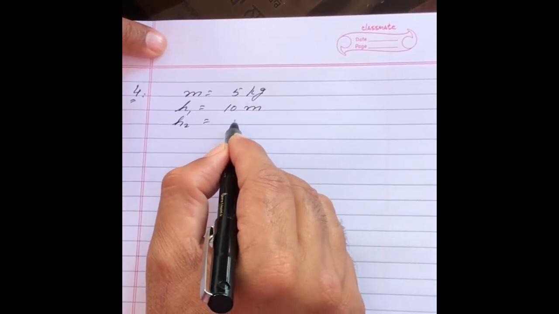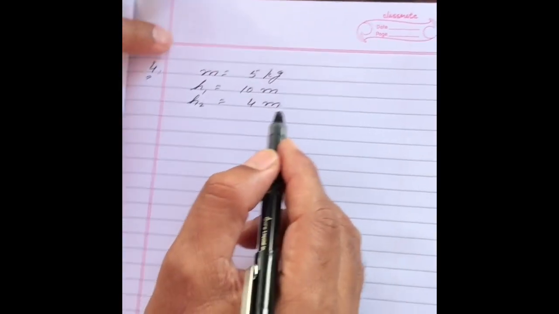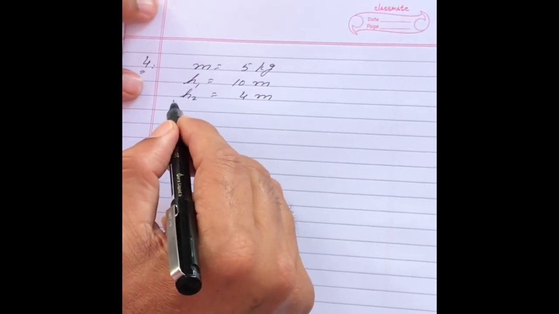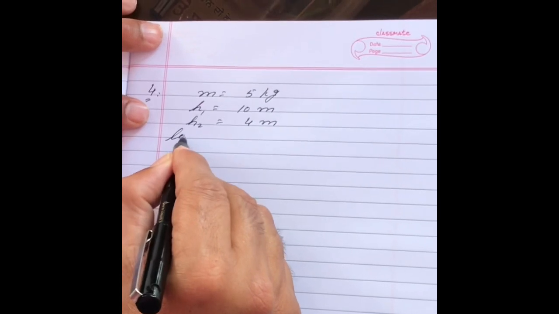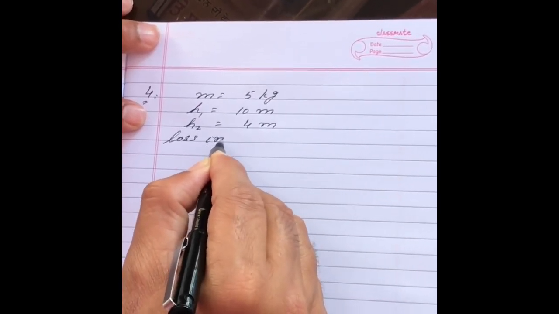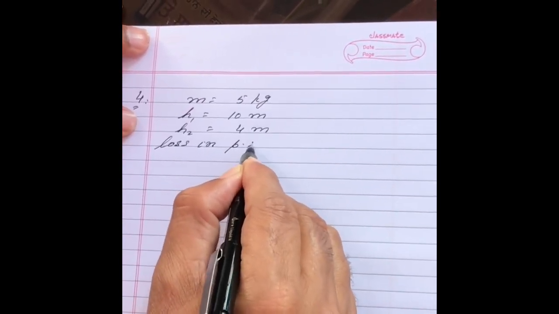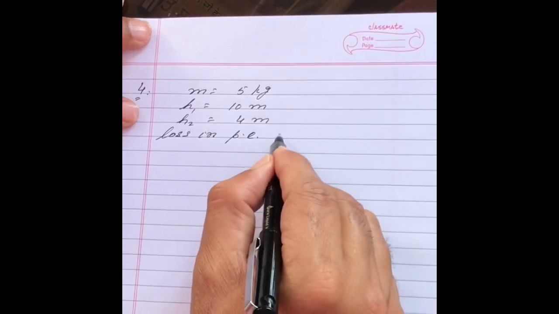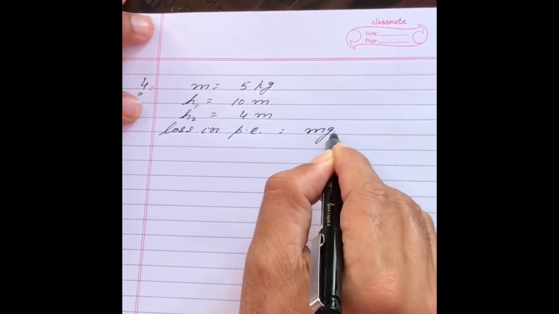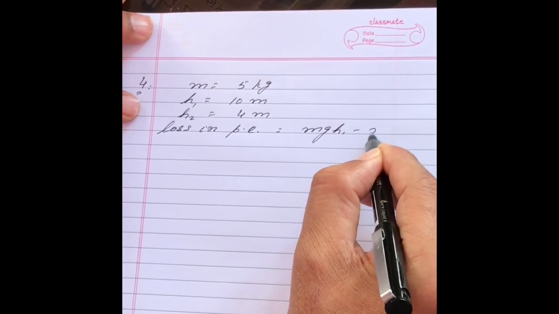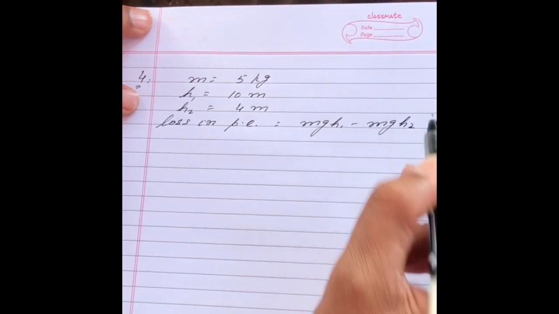H2 is 4 meter. Loss in potential energy is mgH1 minus mgH2.